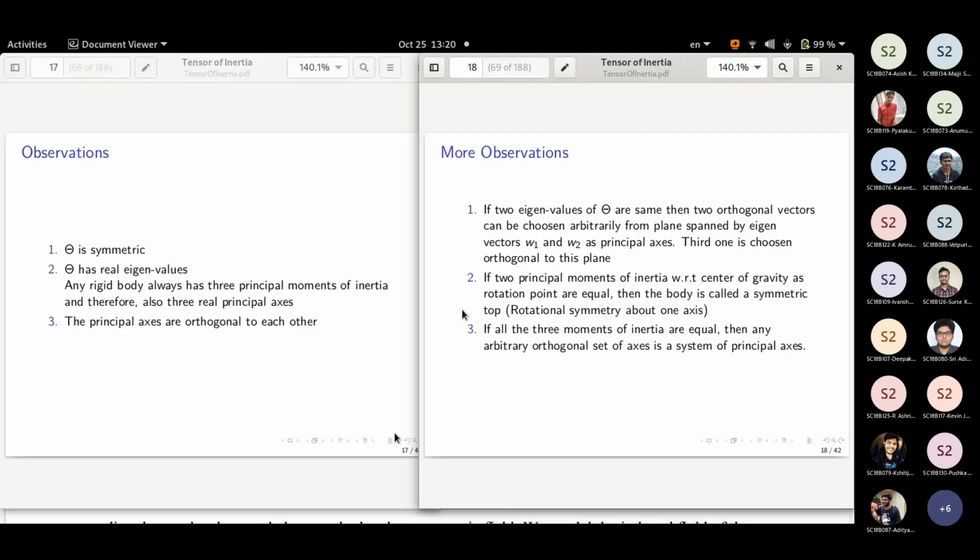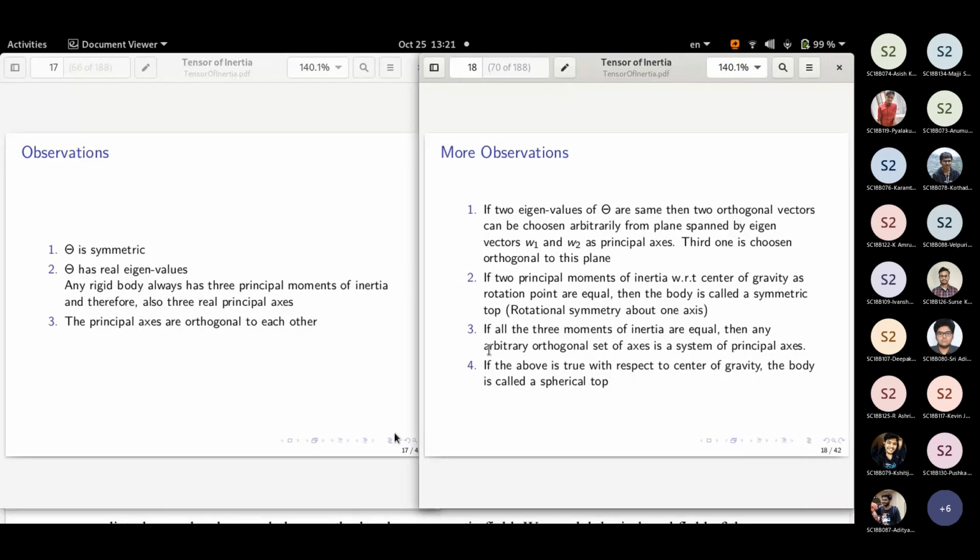If all three principal moments of inertia are equal, which is a sphere, then any arbitrary orthogonal set of axes is a system of principal axes. For a sphere, with respect to the center, you draw any orthogonal coordinate system, and it is going to have the same moments of inertia along those axes. Because of this, you can rotate the sphere about any axis, and it will continue to rotate along the same set of axes.